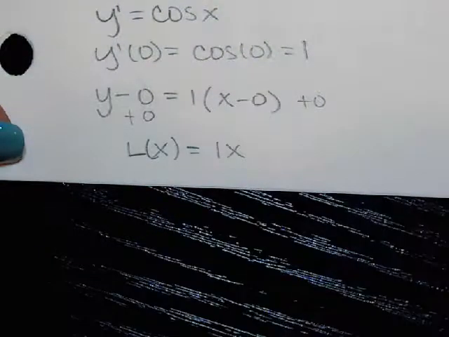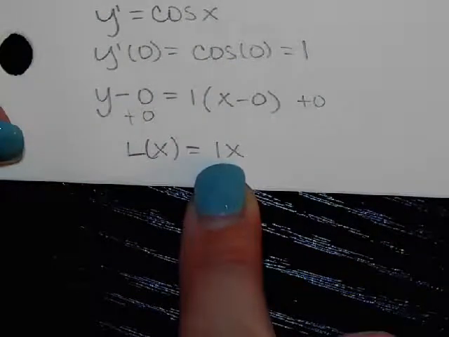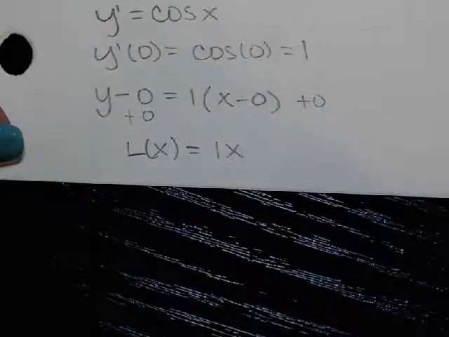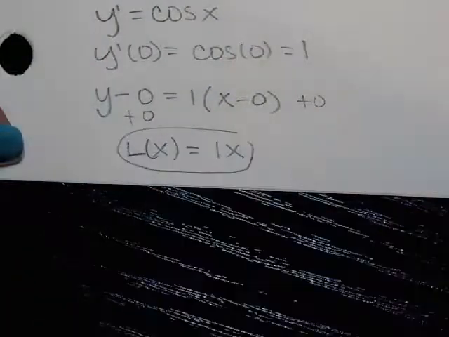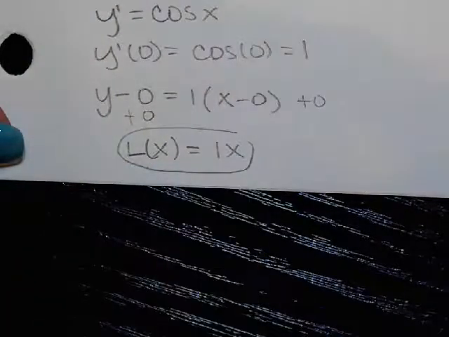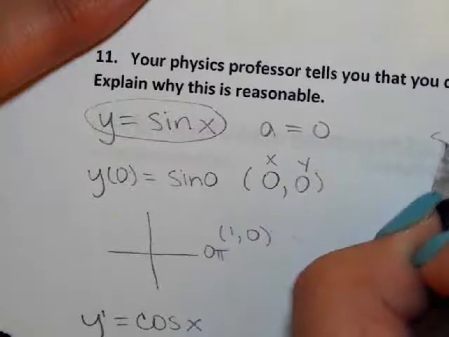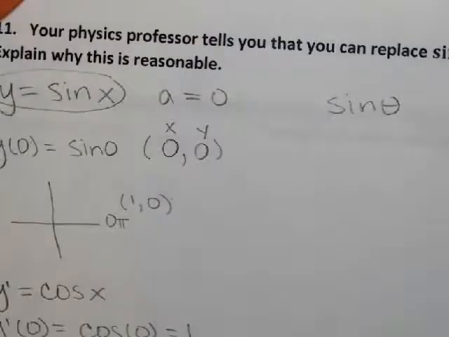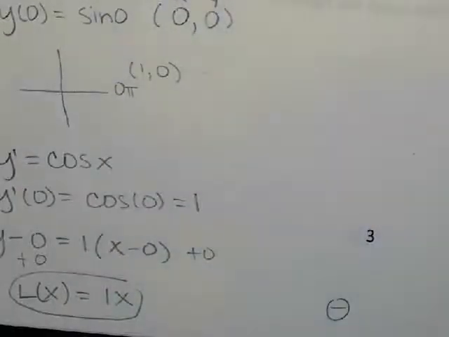Okay, so what the professor was saying is he wasn't using x's, he was using thetas, right? So this is what we ended up with. We had L of x equals x. We started off with y equals sine of x. The professor said, if you have sine of theta and you are close to 0, that basically equals theta. Is that true? Yes.